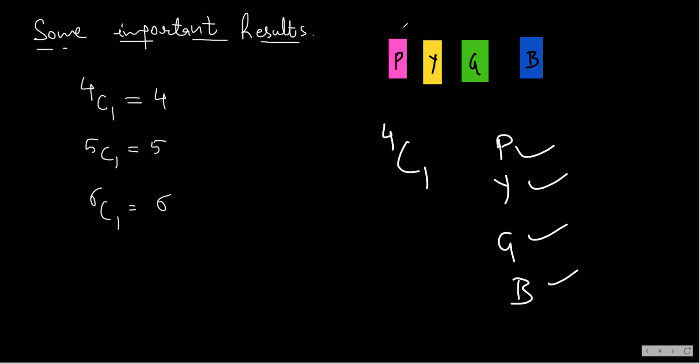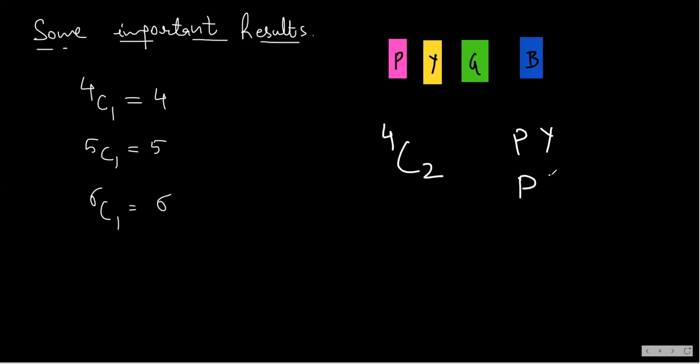4C1 is 4. Remember, students, if you had to select 2, then the case would be different. Then see, you can select PY, or you can select PG, or you can select PB.